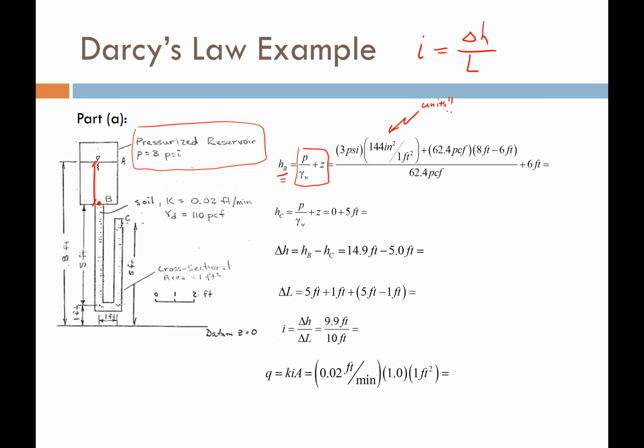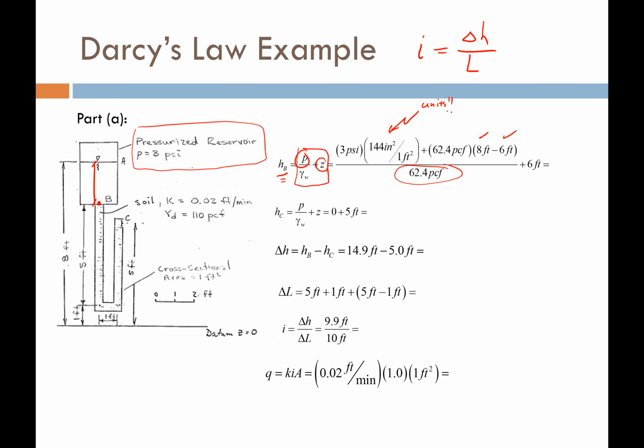So the depth of water here in our tank is simply 8 feet minus 6 feet, and we get those measured from our datum. So once we have that depth, that's 2 feet deep of water, we're going to multiply it by its unit weight of 62.4, and that's how we get our pressure from the water. That's this P right there. And then we'll divide that by the unit weight of water to get it in terms of head, or units of length.